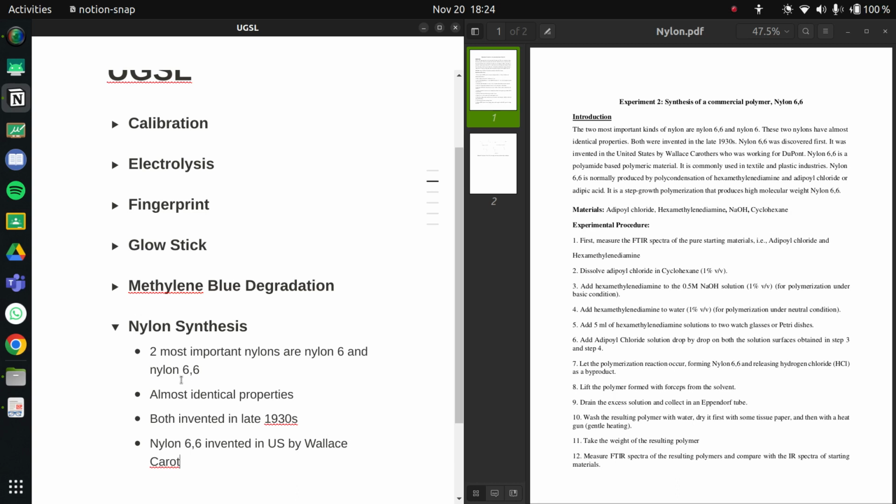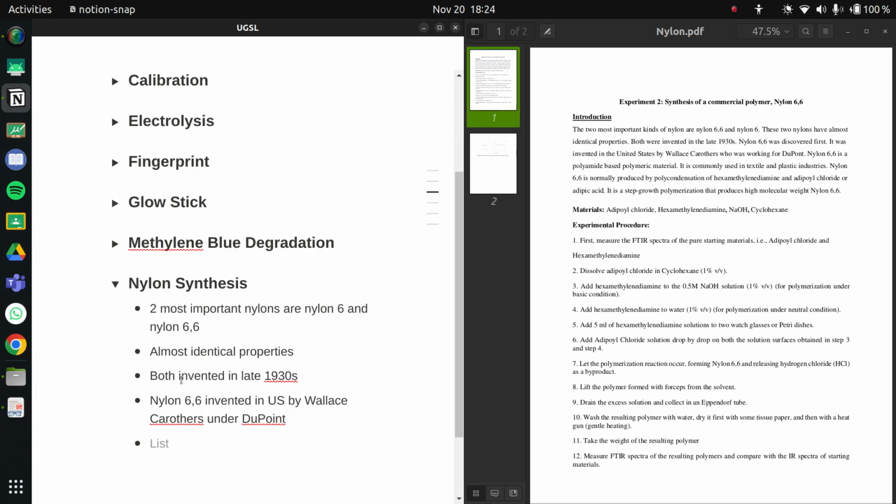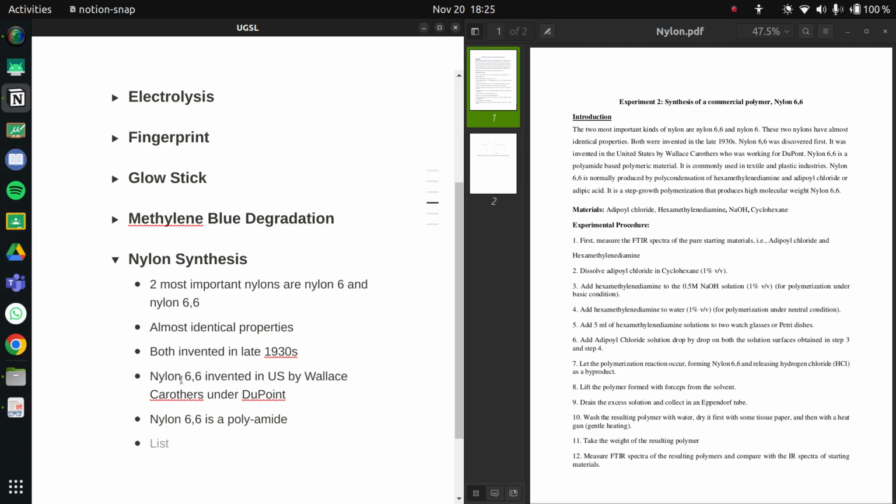This is just history at this point. Is a polyamide. So it's textile and plastic.